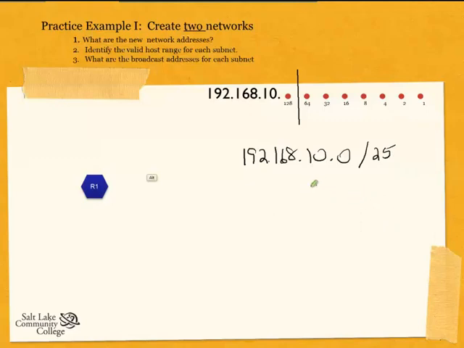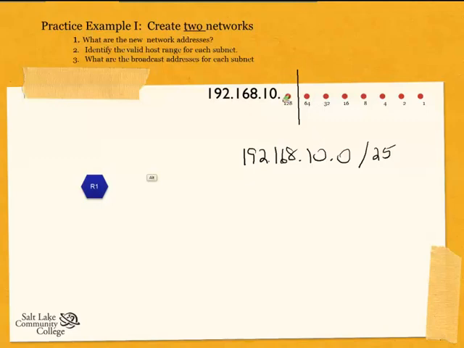What I need to do is find out where's the broadcast, because once I find the broadcast, then everything in between the network and the broadcast is going to be host possibilities. And it really is easy to see your broadcast. The only thing you need to do is write out your networks. So the increments of your networks, how many you have and what increments they're going to go in. So we have 1 bit, 2 possibilities.